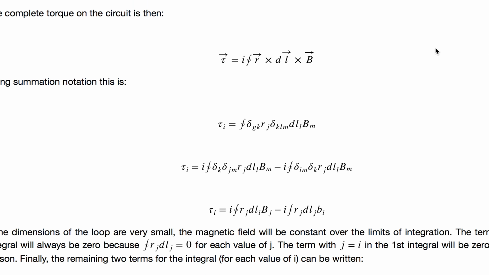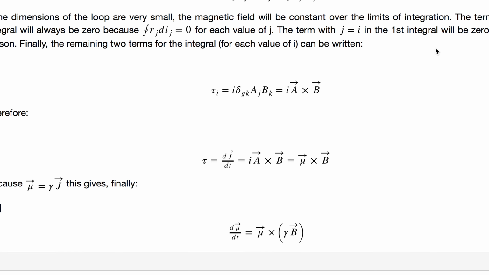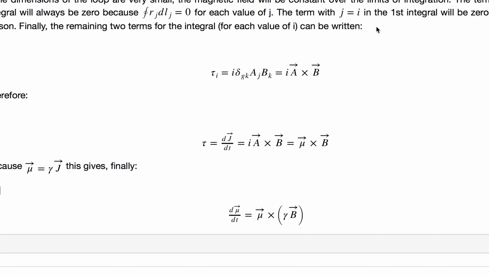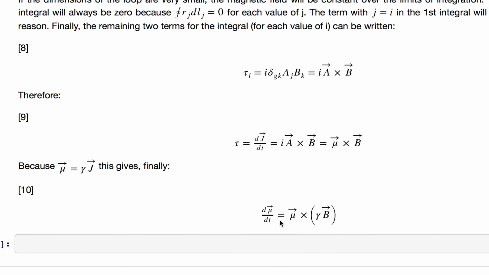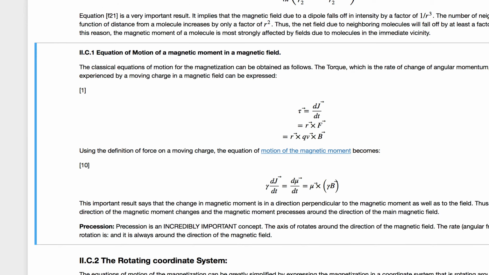Basically, this is just giving us a derivation of the torque equation, but if we use the torque, which depends on the magnetic moment and the magnetic field, we can get the equation that describes how the magnetic moment changes in time. And we will spend some time on that in our lectures.